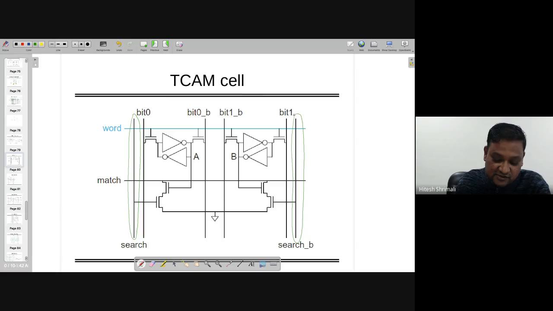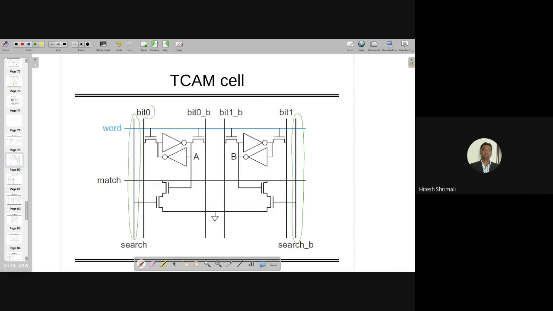Earlier, you were keeping the data on bit and bit bar to match the data. The structure is the same, but because of the differential structure, you can share these two transistors so that the number of required transistors becomes lesser.